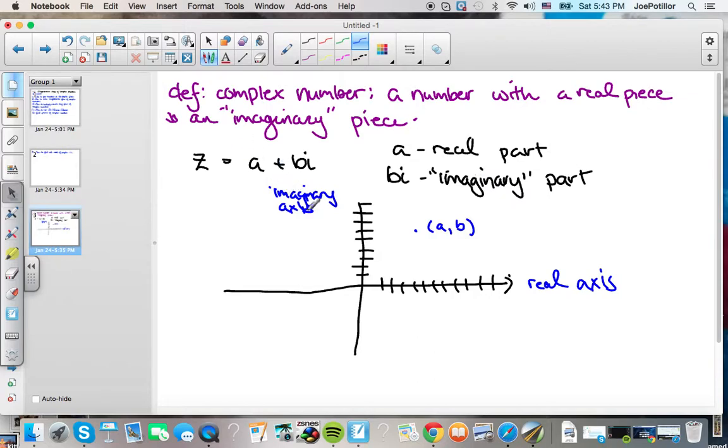So call this B, we'll call this A, and so A comma B is the same as A plus Bi. Okay? Everybody see that? We go A points along the x-axis, and B points along the y-axis. We add them together, and we get a plus bi.